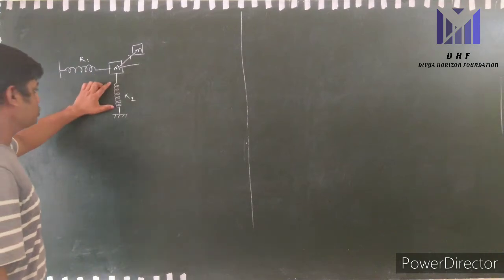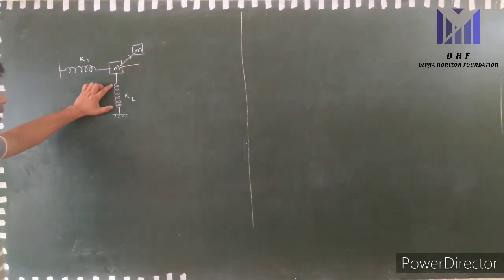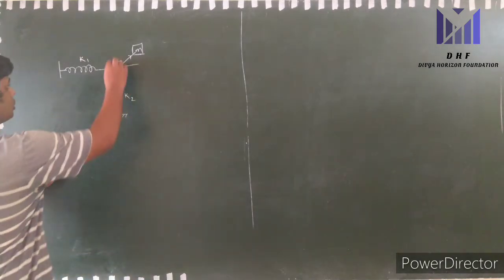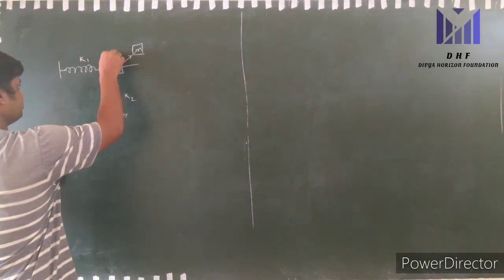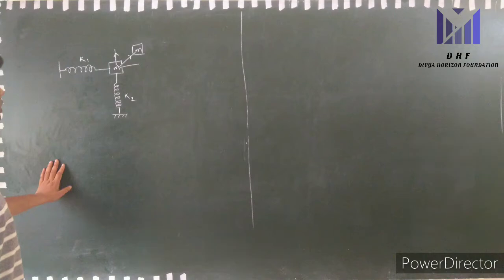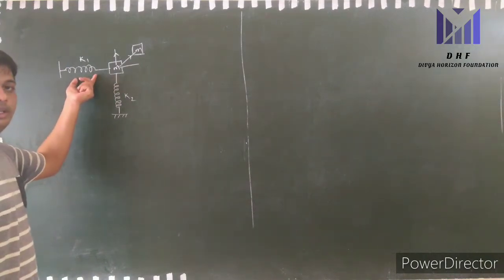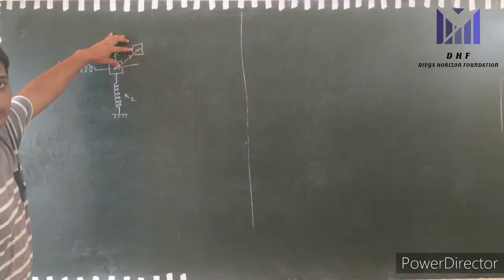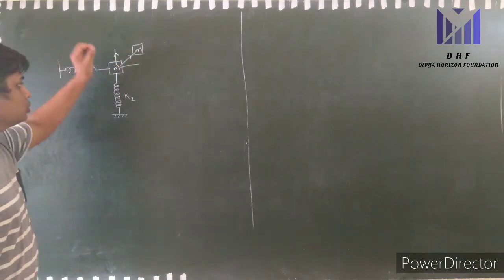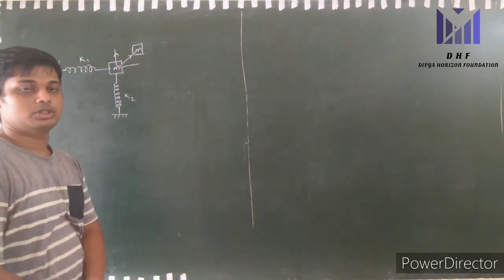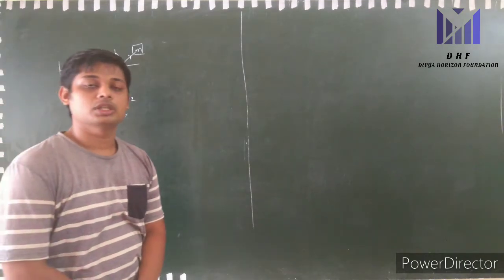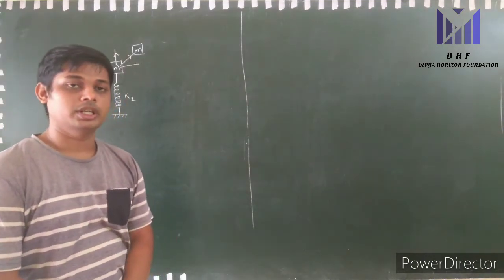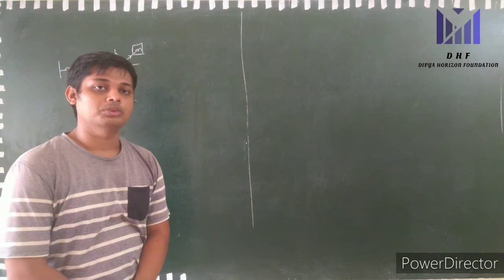Similarly, the force applied by the spring K2 on this mass will be proportional to this much displacement. We cannot say that the force applied by the spring K1 will be proportional to this displacement, because the force is proportional only to the displacement in the direction of orientation of the spring.